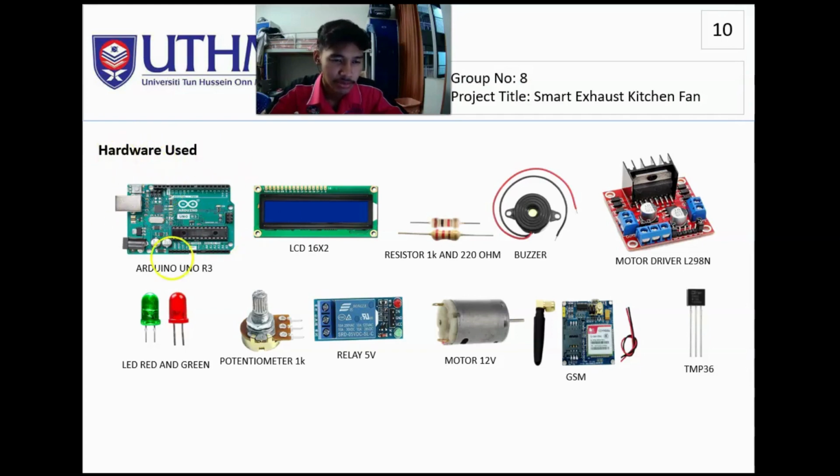First, as we can see, Arduino Uno R3, LCD, resistors 1 kilo ohm and 220 ohms, buzzer, motor driver L298N module, LED red and green, potentiometer 1 kilo ohm, relay 5 volt, motor 12 volt, GSM and TMP36 temperature sensor. So the total of the hardware usage is 113 ringgit Malaysia. So that's all for the methodology part.